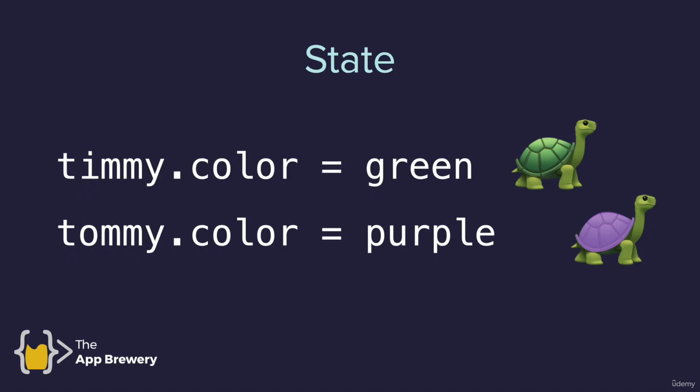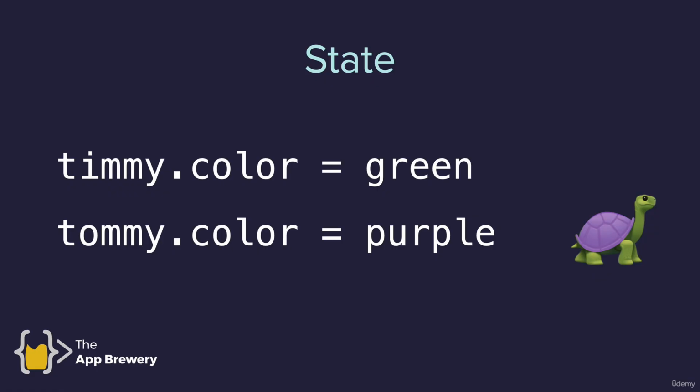So in this case, they have different state in terms of their attribute or their appearance. But they can also have different state in terms of whether they are doing something. For example, Timmy could be asked to move forwards while Tommy is staying completely stationary. So Timmy's in the middle of a method call, whereas Tommy is not doing anything at all.